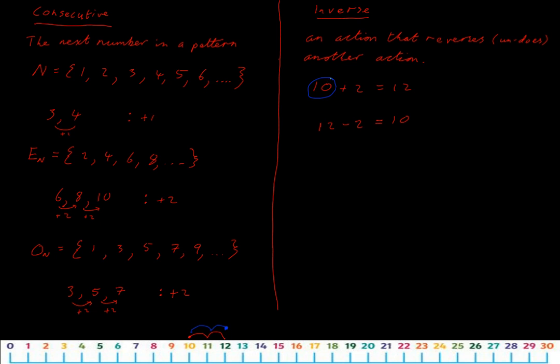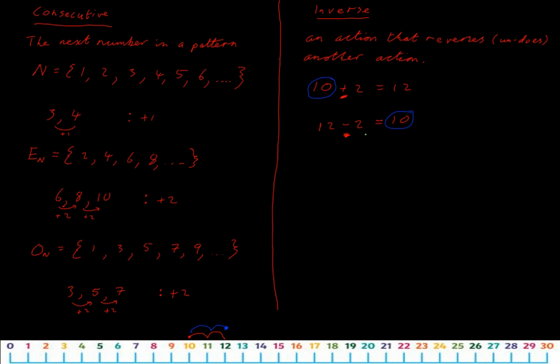So I started at 10. I did an action. The action was adding 2. And then to undo that action, I took away 2, and I'm left back where I started. So that's what we can see here as an inverse action. So if I add on 2, the inverse action would be to subtract 2.